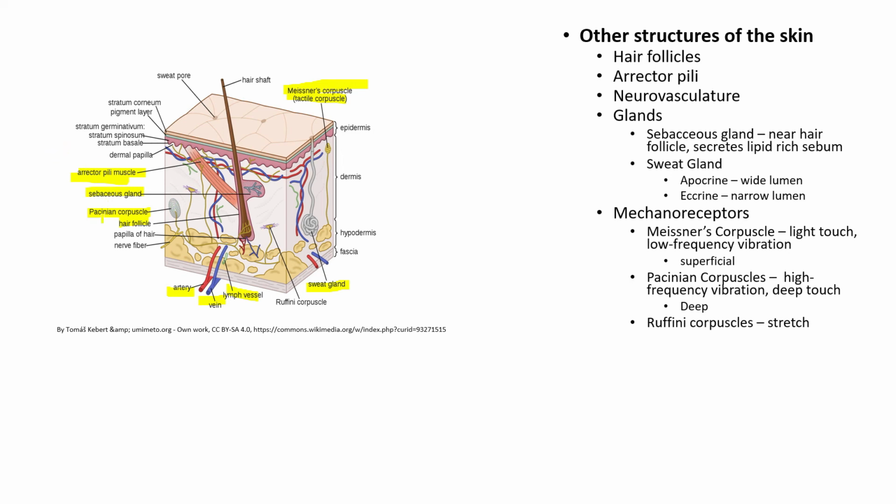And so anatomically, we can see these Pacinian corpuscles, which kind of look like onions, are deeper than Meissner's corpuscles. So it should make sense if you understand the anatomy that the Meissner's corpuscle is going to be light touch, whereas the Pacinian corpuscle is going to be deep touch. We also have what are called Ruffini's corpuscles, and these are going to be stretch receptors.